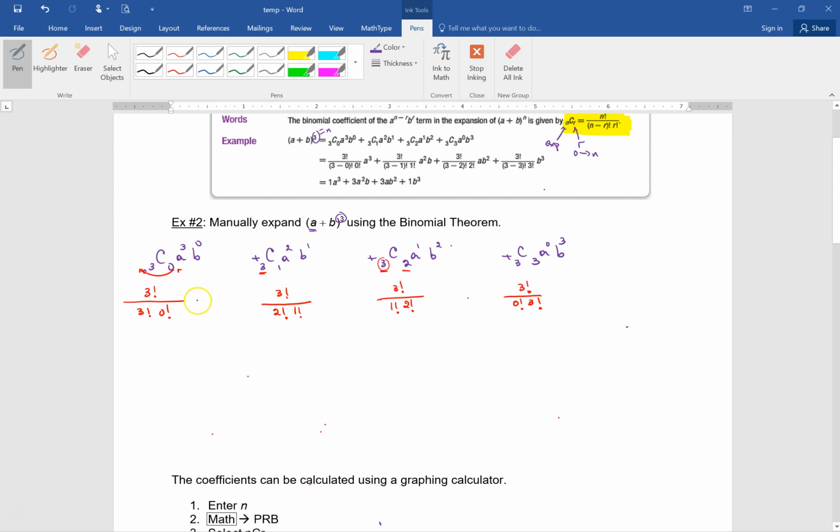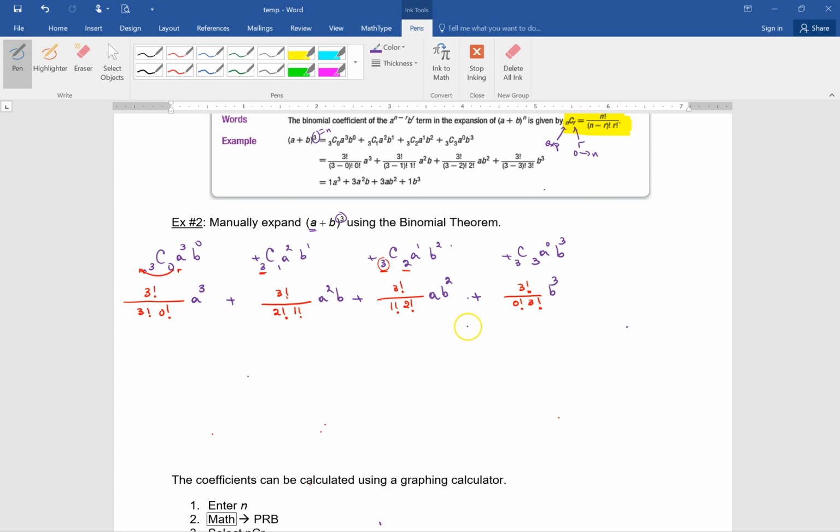So here I have a cubed, and b to the 0 is just 1, plus a squared b, plus, what do I get here? A, b squared, and here I have b cubed, and there's a plus in the middle. Well, it's a squared times b, a times b squared. I'm just copying them. This is 1 times b cubed.